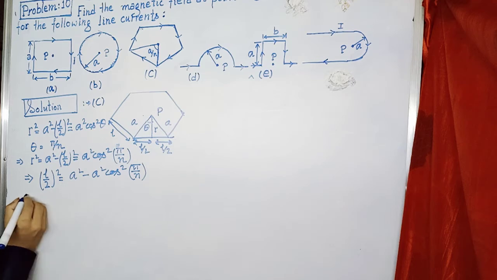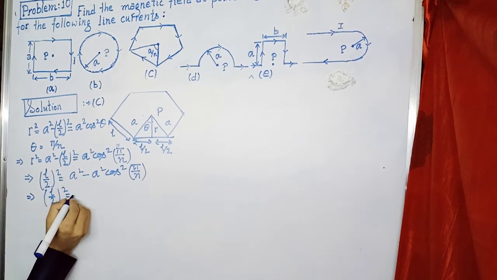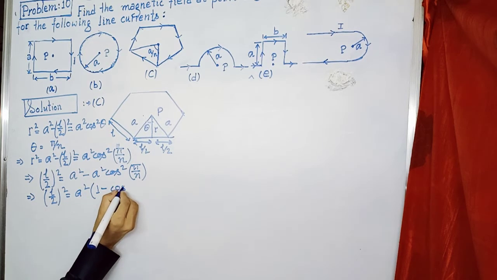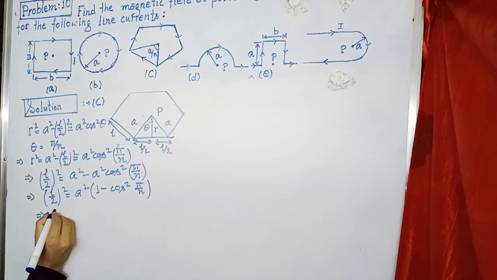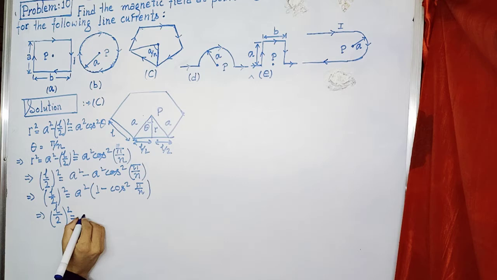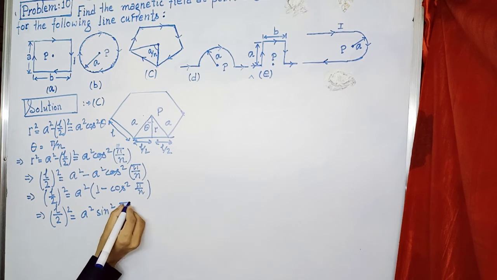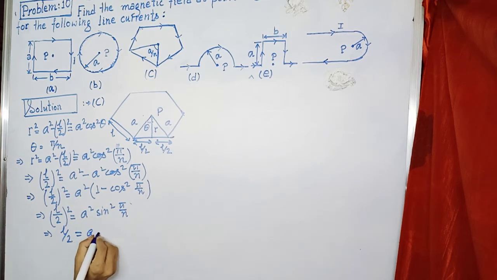So (L divided by 2) square will be equal to A square into (1 minus cos square pi divided by n). So (L divided by 2) square will be equal to A square sin square pi by n, or L divided by 2 will be equal to A sin pi divided by n.